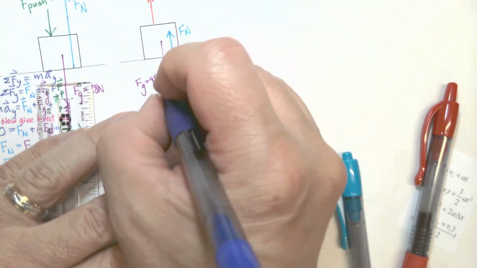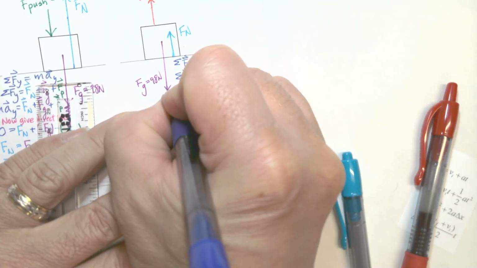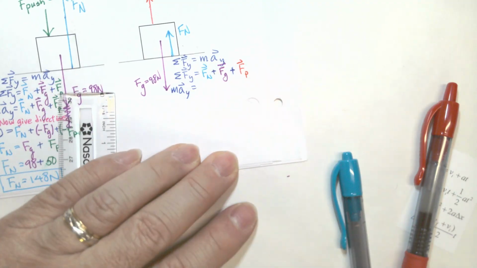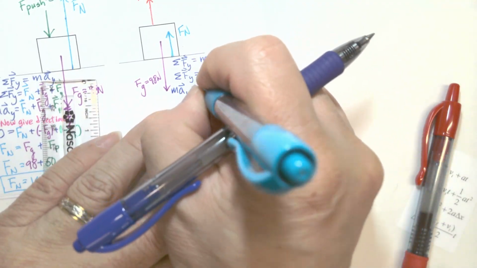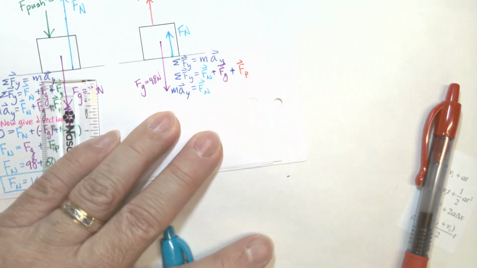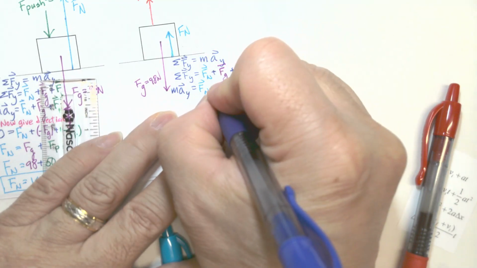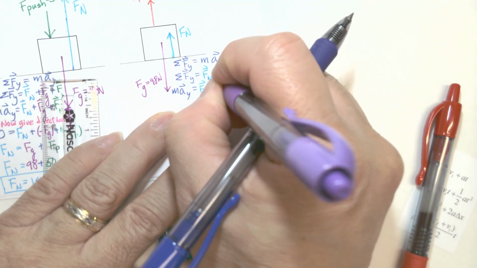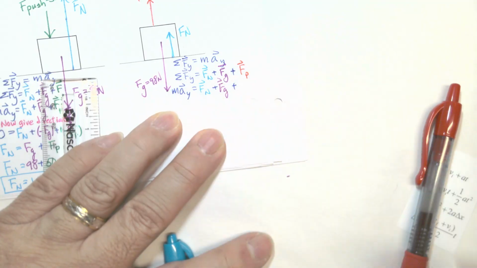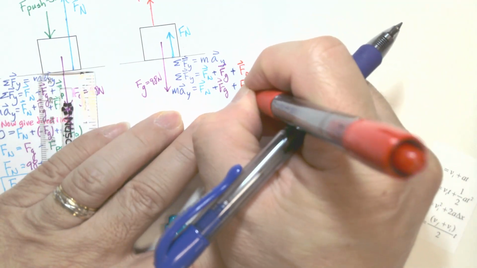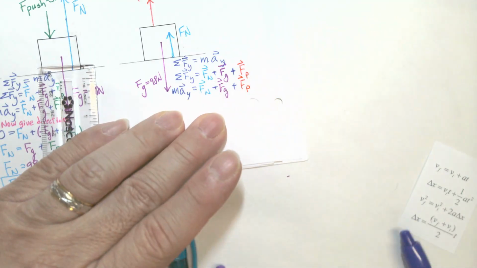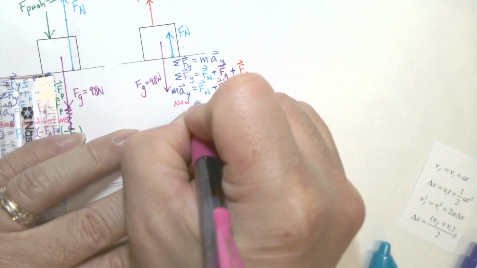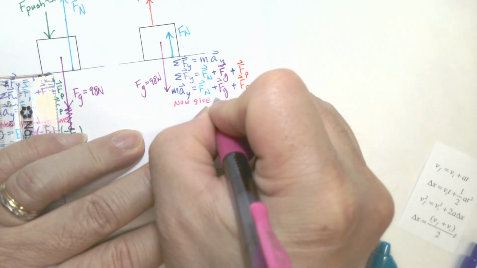Now, when I set them equal to each other, MAY is equal to all this mess, right? F normal plus FG plus F pull. Now give directions.